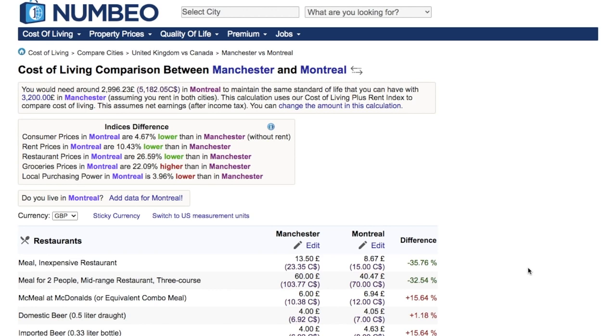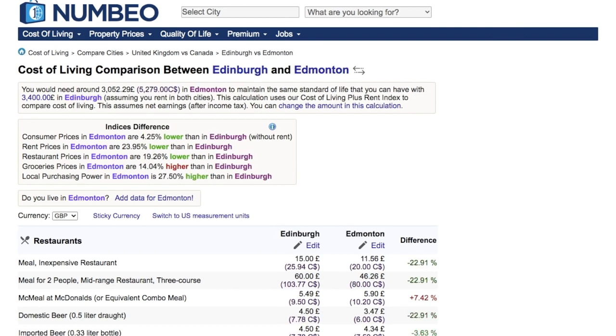In Montreal you would need to spend around £3,000, while in Manchester you would need to spend around £3,200 for the same standard of life. One last comparison I did for Edinburgh and Edmonton. In Edmonton you would need to spend around £3,000, while in Edinburgh you would need to spend around £3,400 to maintain the same standard of life.